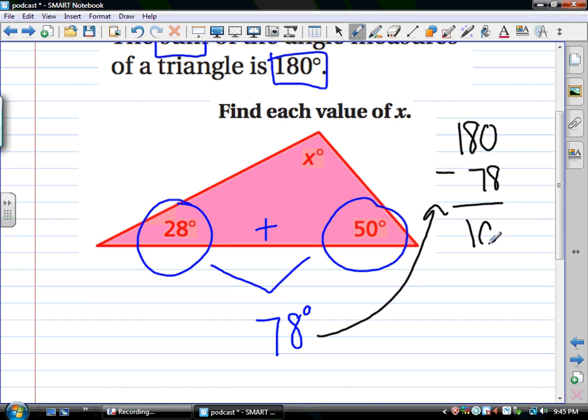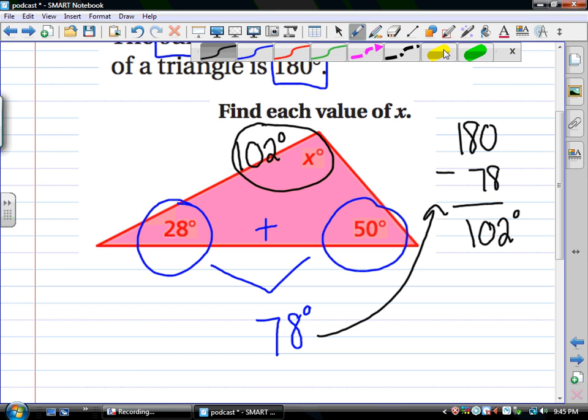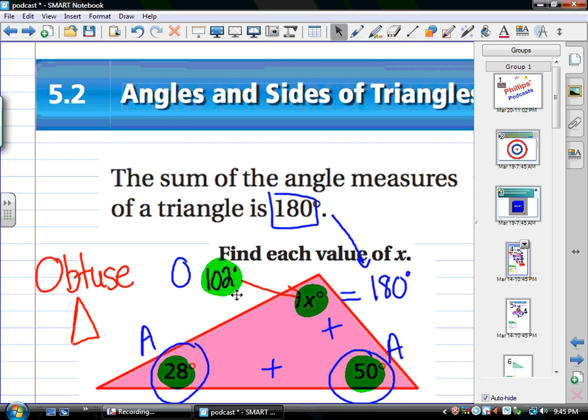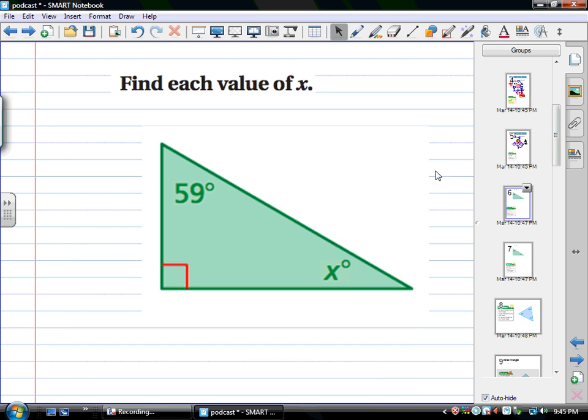When I do that, I get 102 degrees. So x is 102 degrees. You can set up an equation like we did the last time, or you can add the angles that you know and subtract from 180. In both cases, we got an answer of 102 degrees. So you pick the way that's easiest for you.